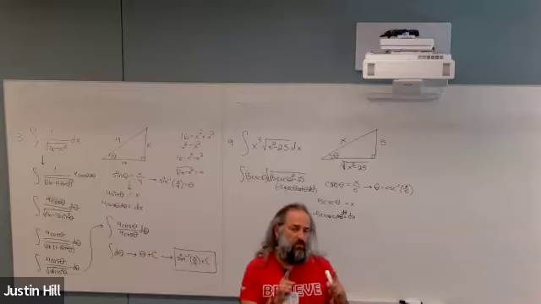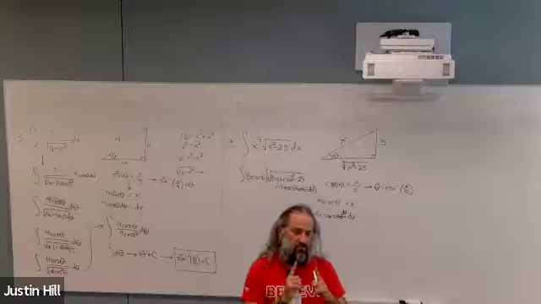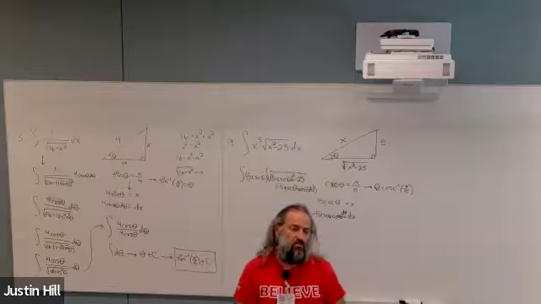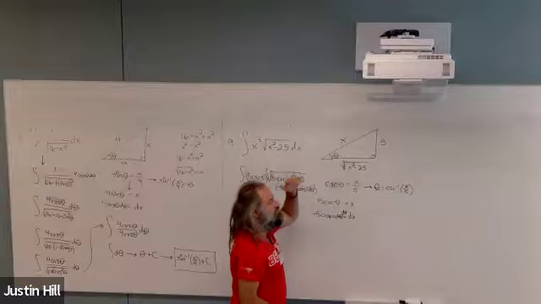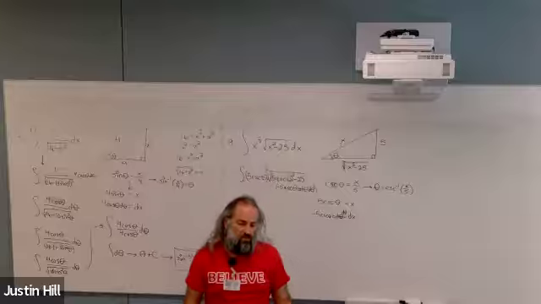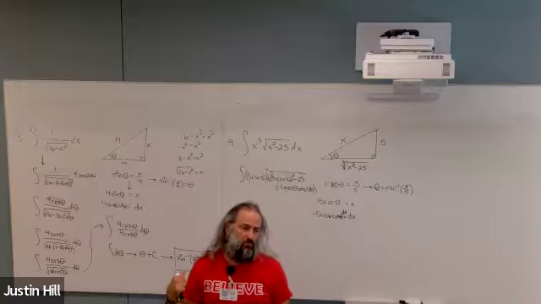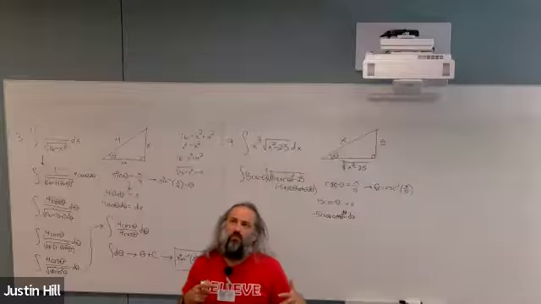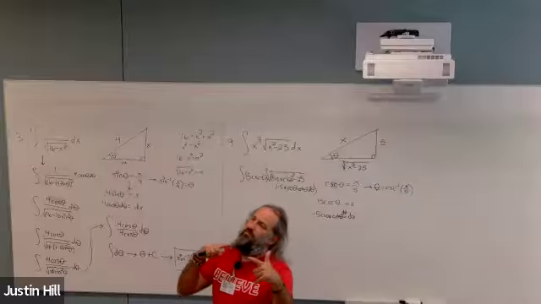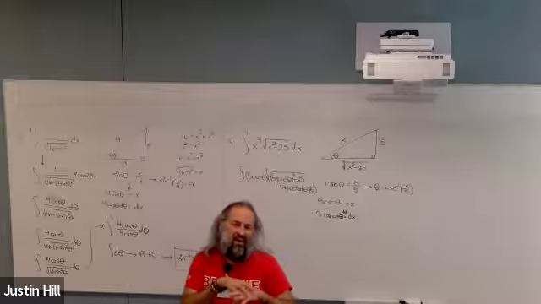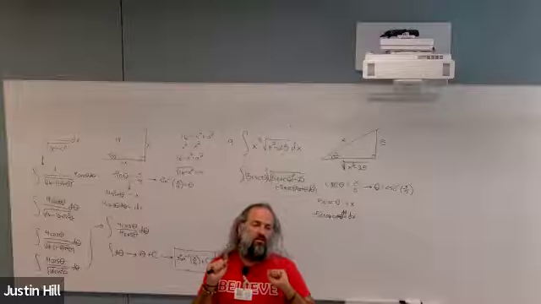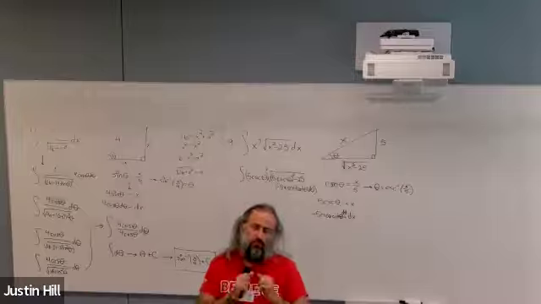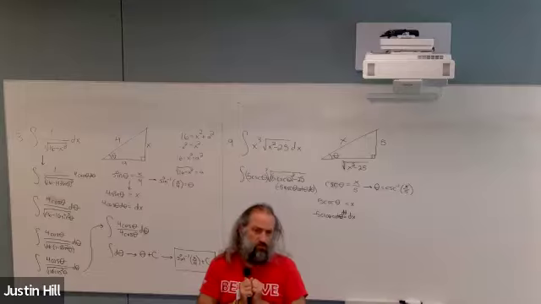You don't have to use the very specific substitutions they mention. You can use any correct substitution that comes out of your right triangle. And one of the things that does is it makes these problems a lot easier because you're not thinking, oh, this problem looks this way, so what's the substitution I should use every single time. So basically I'm saying there's no difference in any of these problems. Every single time you build the right triangle, find the substitution from the right triangle and go. And I promise you the integral works.